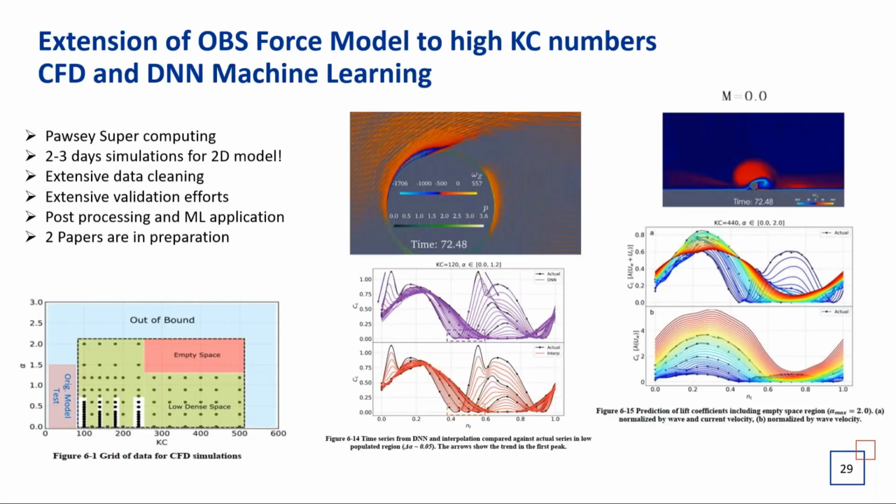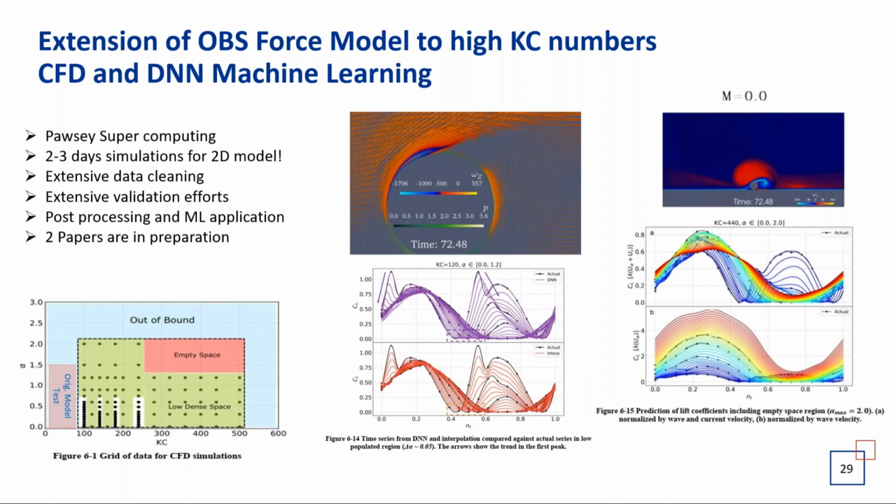So the original hydrodynamic model, that was a model test that was done for PRCI, is in this box here. Because of the physical testing rig limitations, they kept the Kc under 100 and the alpha under 1.5.